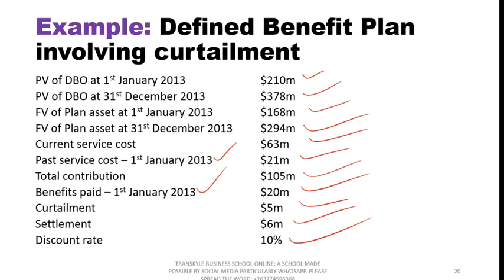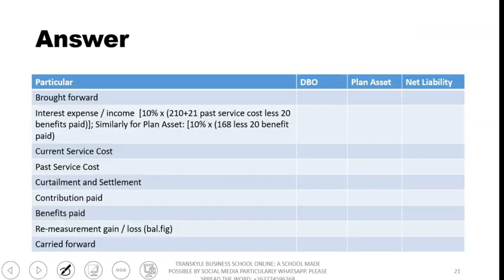Let us first do our table before we do the rest. As usual, if you can produce this template in the exam, you can just slot in the figures, and then you worry about the rest that needs some computations.